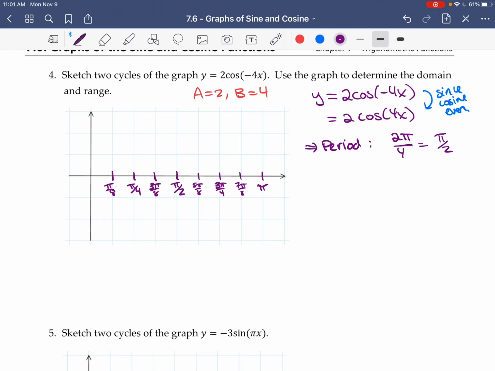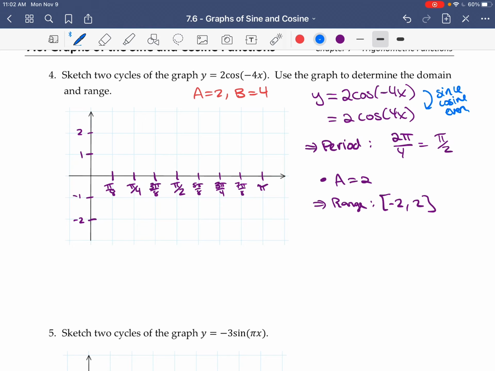And then for cosine, first of all, my a is 2, so that means that the range for this is not -1 to 1, it's -2 to 2. So wherever cosine is 1, it's actually going to be 2.